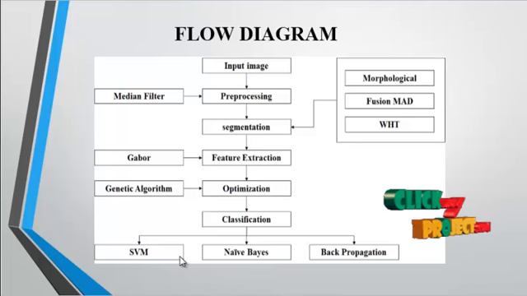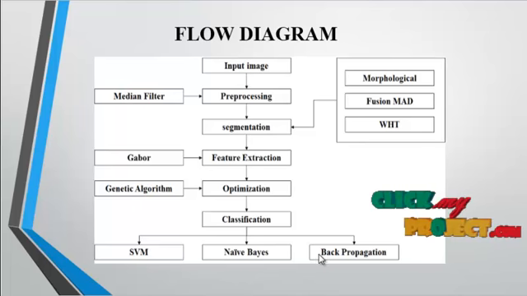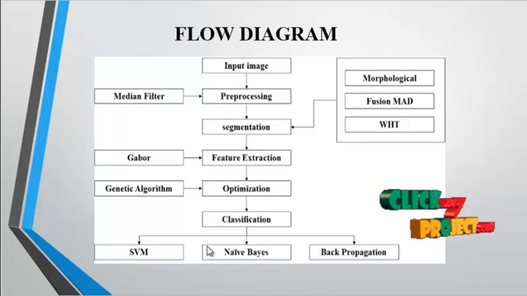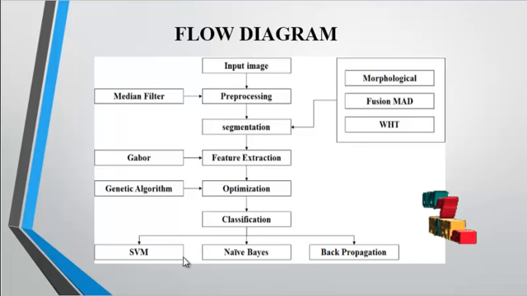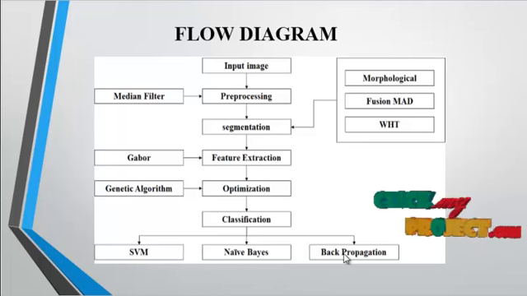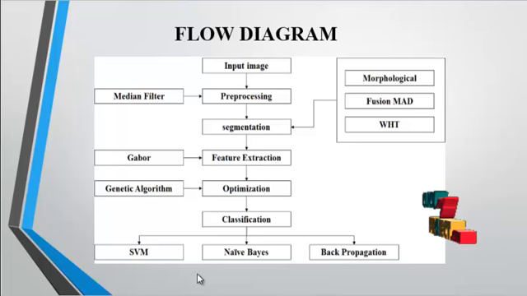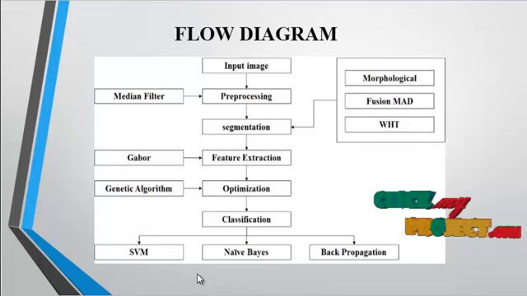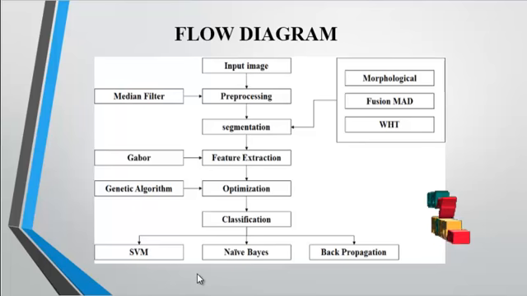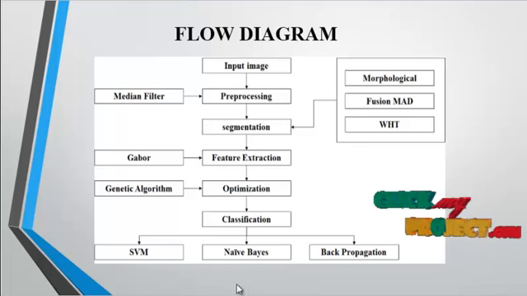First one is the SVM classifier, then naive Bayes classifier, then the back propagation. The feature values are classified by these three classifiers only. After the classification, the result is shown in text format, and the performance evaluations are also done for the accuracy, sensitivity and specificity.